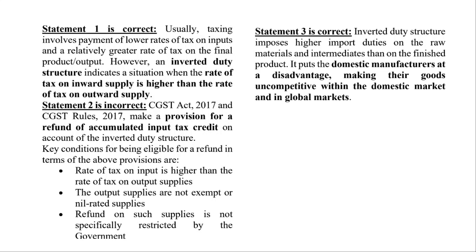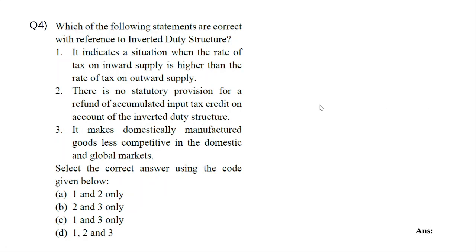So obviously our imports will be costlier, and the product we are producing also has a lower price. So the domestic manufacturers are at a disadvantage, making their goods uncompetitive both in the domestic and in global markets.